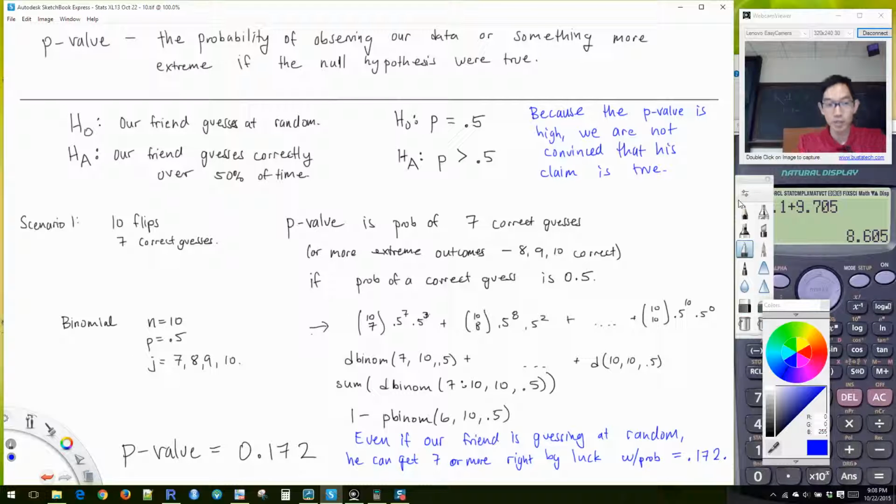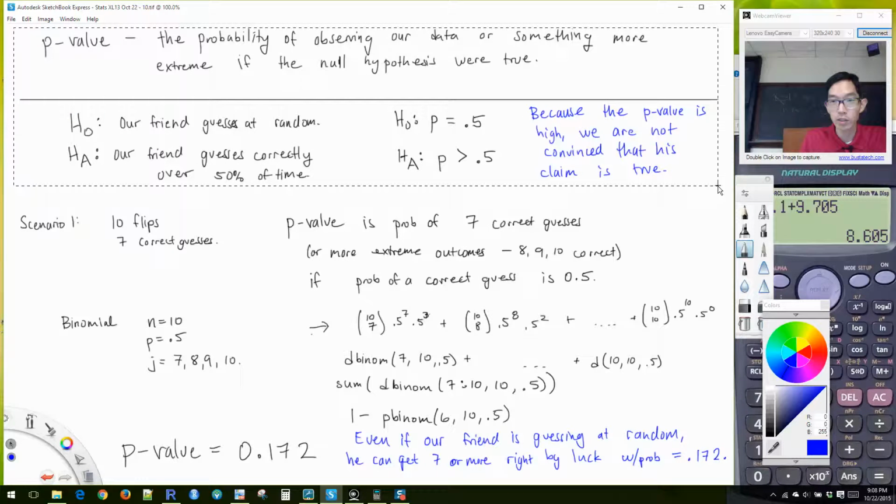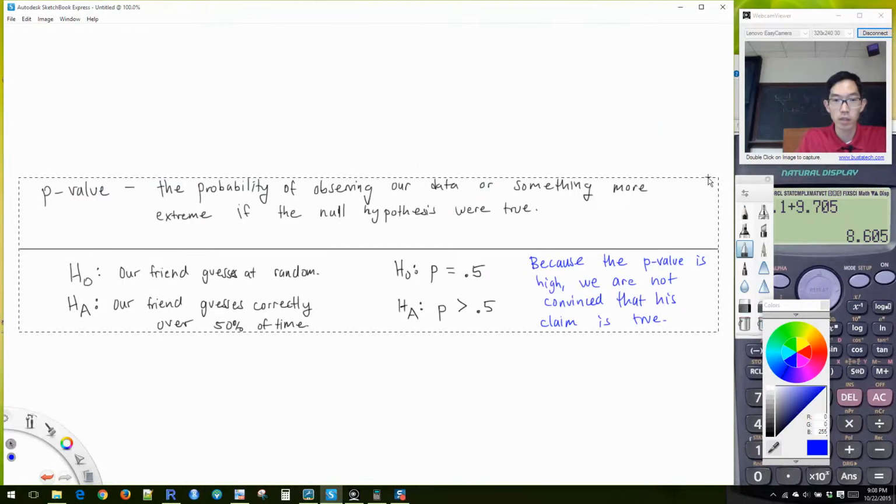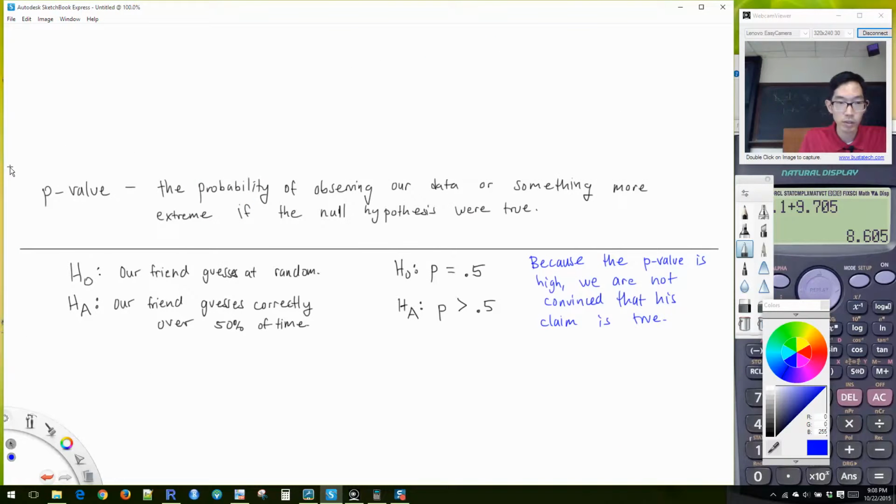Well, so let's just test out scenario 2, which is exactly the same thing here, except our data is different. So the only thing different about scenario 1 is that, so actually let me copy all of this.